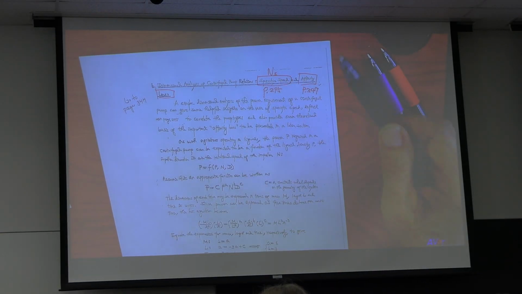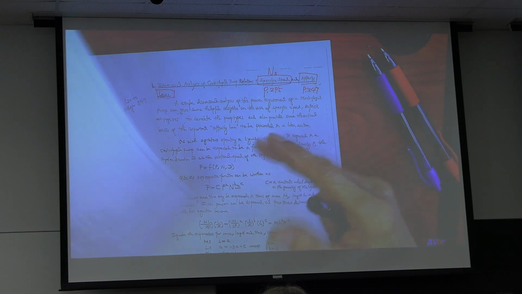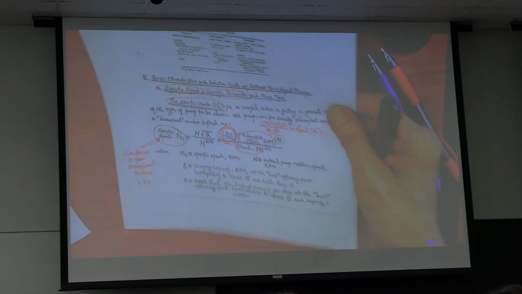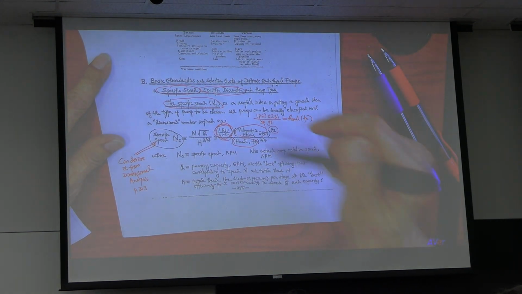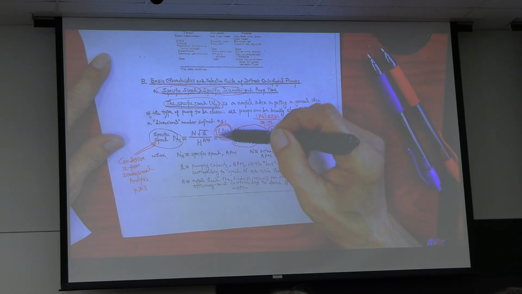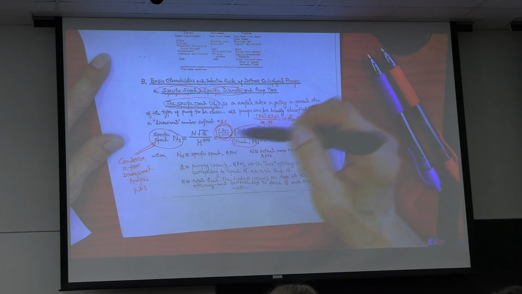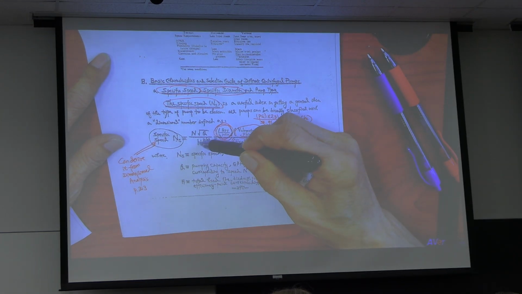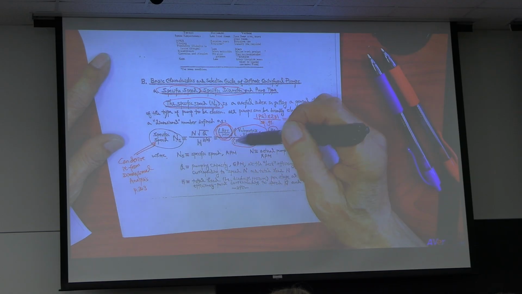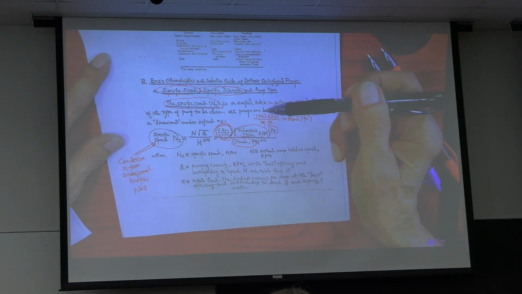Specific speed we cover on page 295. Let's review it briefly. N, impeller speed. Q, gallon per minute. Head, discharge pressure, foot.